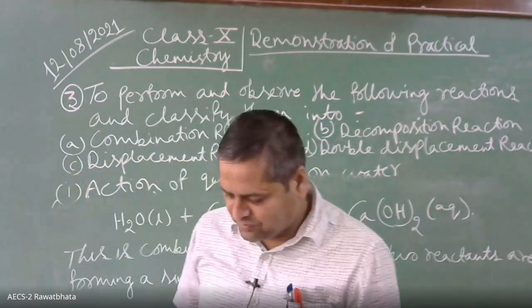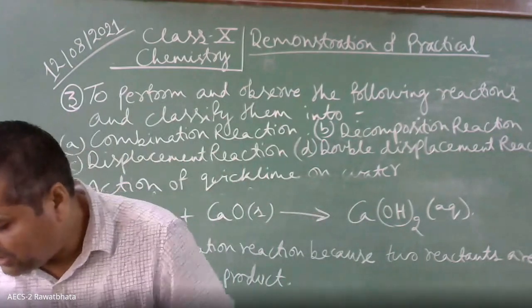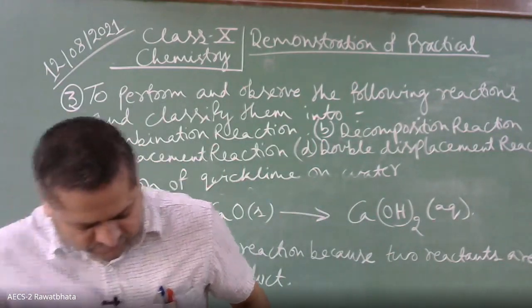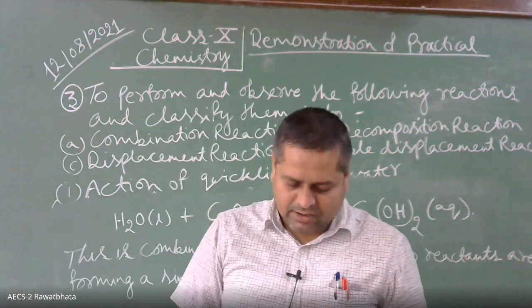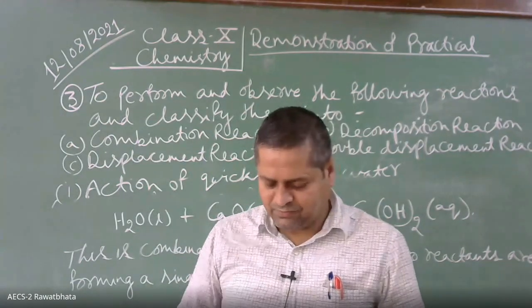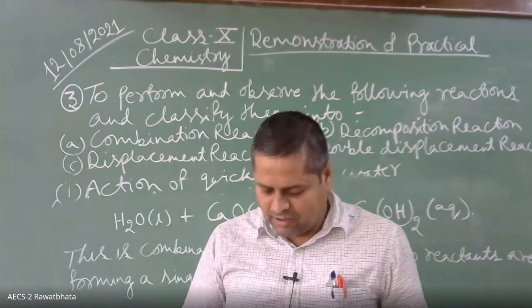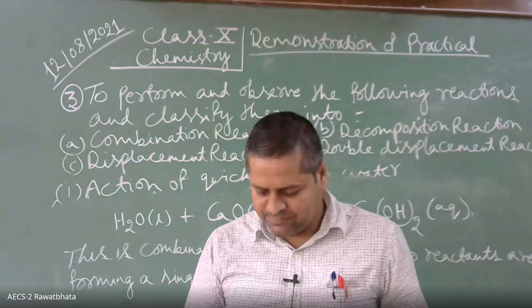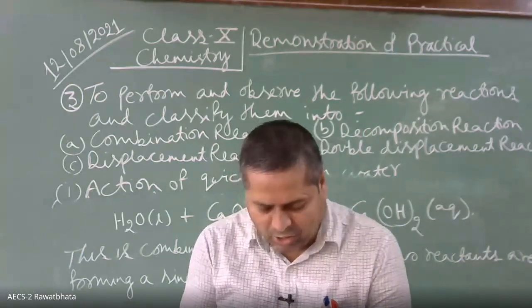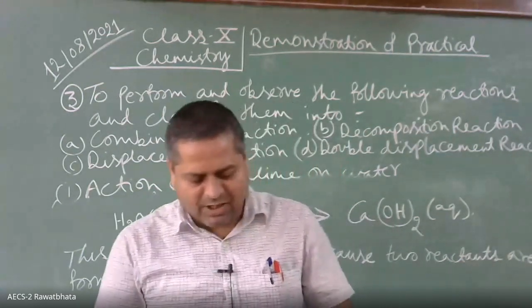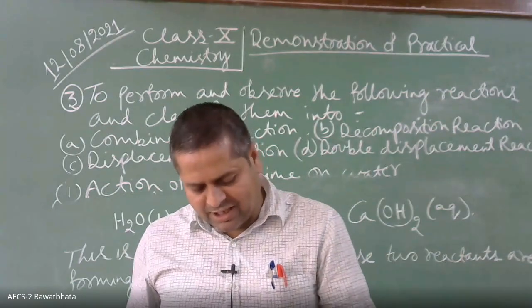And now we will heat this with the help of a candle, children, and then we will observe its color. After some time, we will observe its color after heating it.